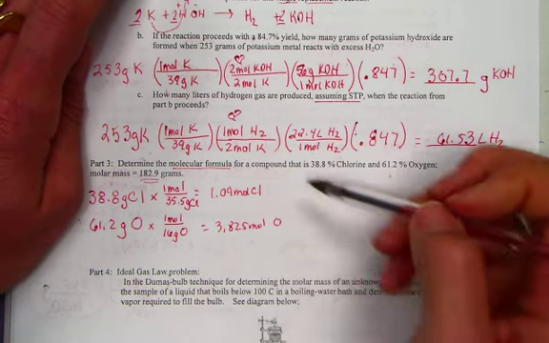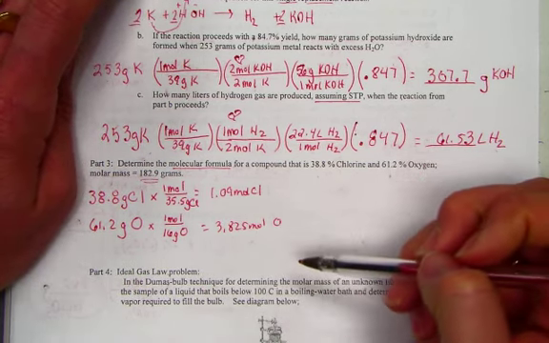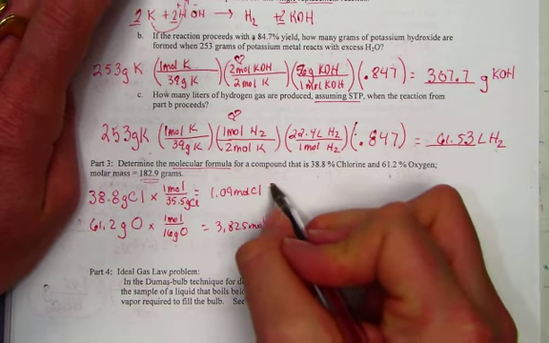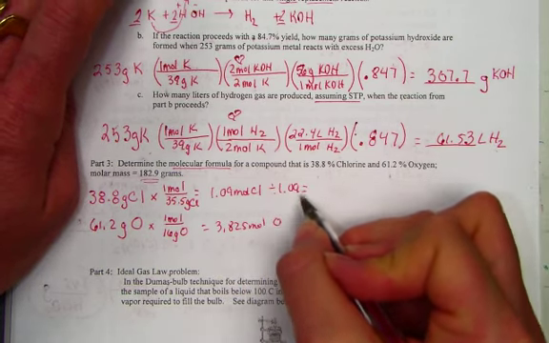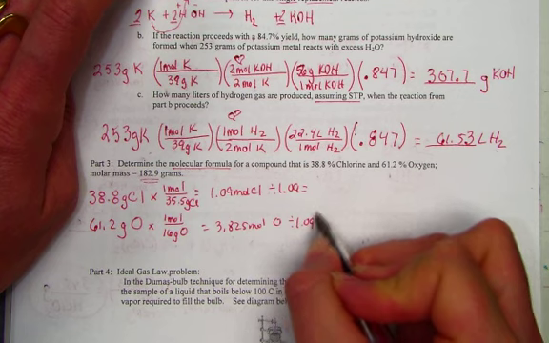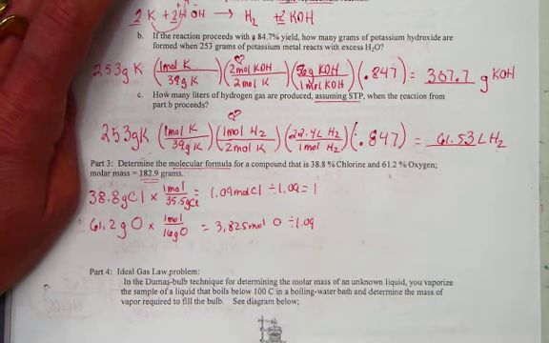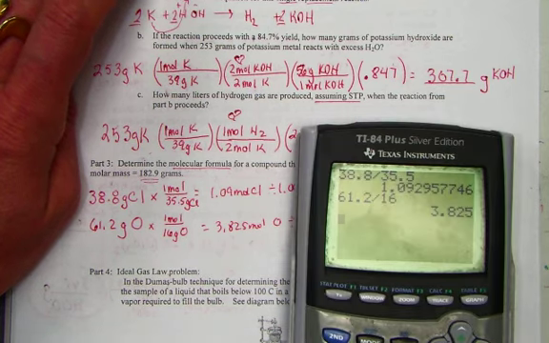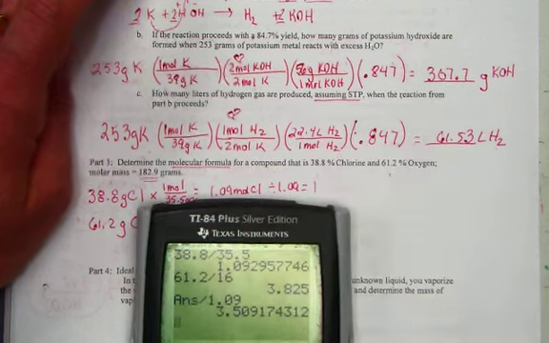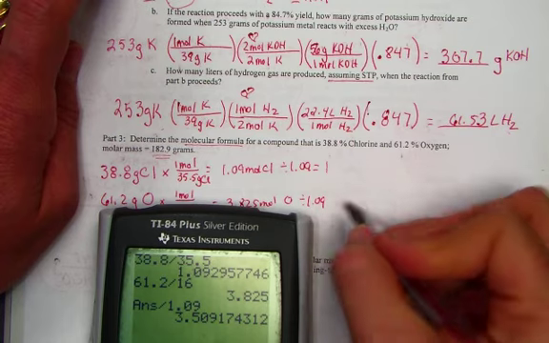Our strategy says we need to turn these decimals into whole numbers. And what we've learned, the easiest technique, find the smallest one and turn it into a 1. Divide all of them through by the smallest number. The moles of oxygen, 3.825, divided by the lowest number, 1.09, gives us a number of 3.5.